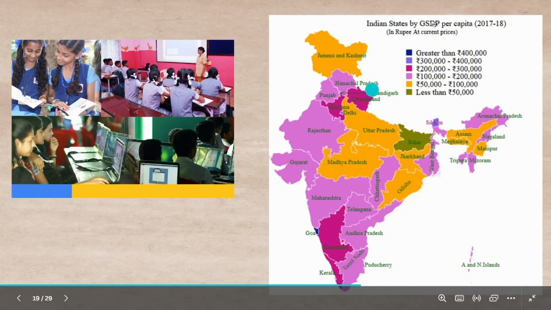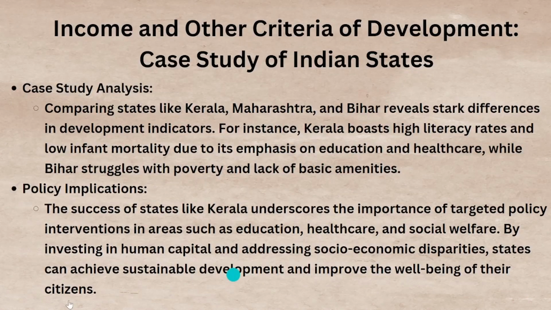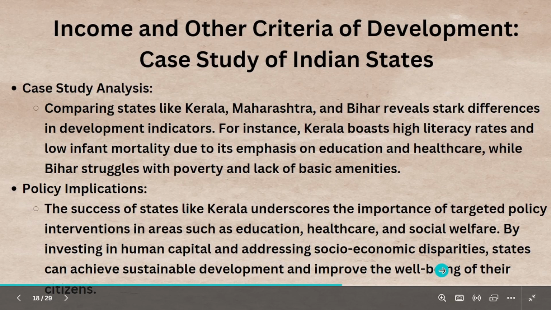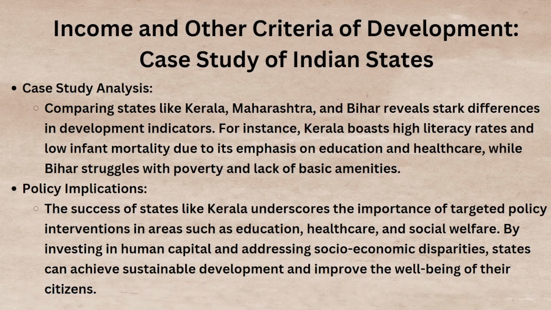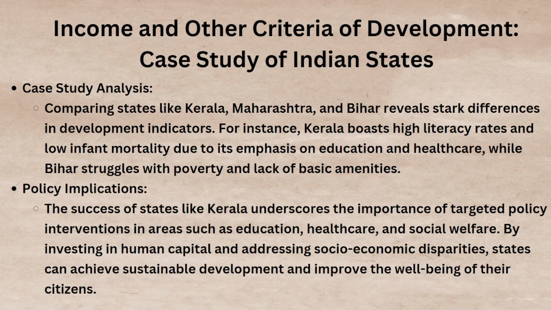So that's what. See, this is an example of GSDP, which I will explain. Wait. States can achieve sustainable development and improve the well-being of their citizens. Sustainable development means a development where even future generations will not get affected. Okay, sustainable means it should be long lasting, it should have impact for a long period.